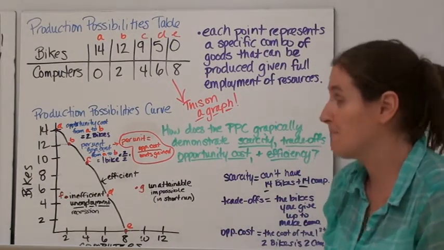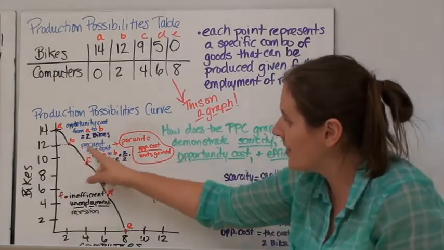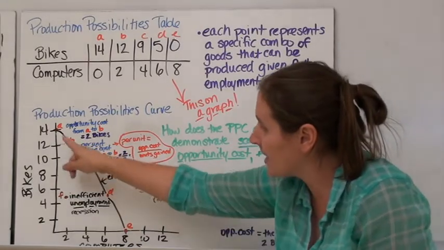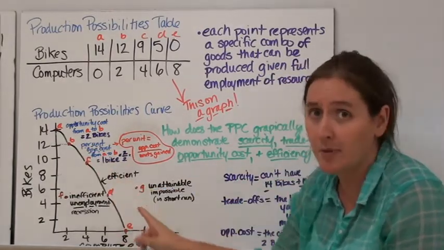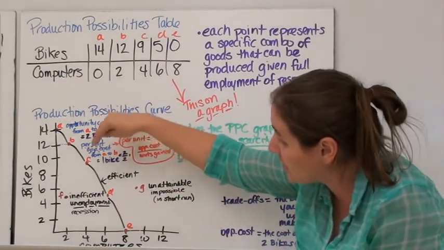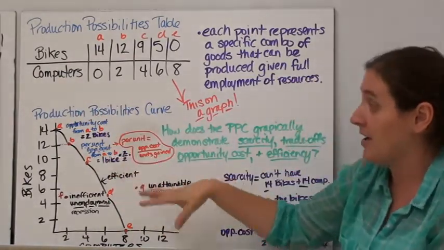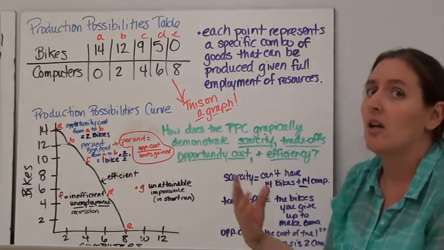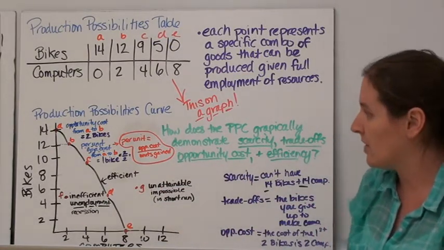Make sense? Okay. And then you connect the dots, and this curve right here is called the production possibilities curve. It's all the production possibilities that you can make of bikes and computers if you use all the resources at full employment.